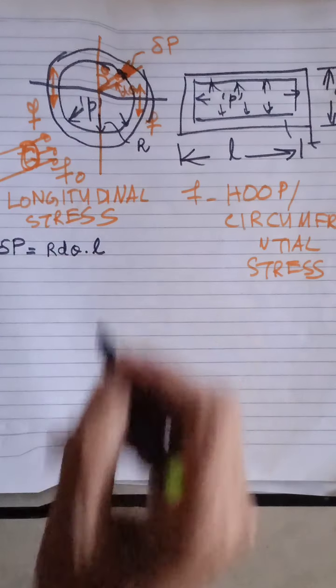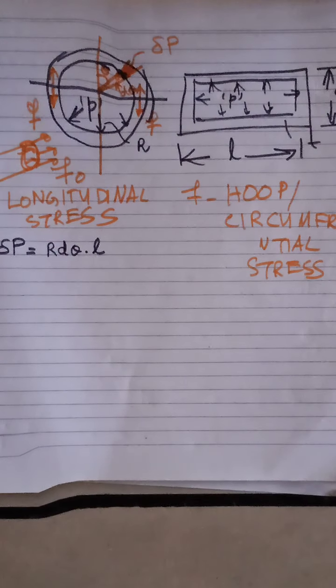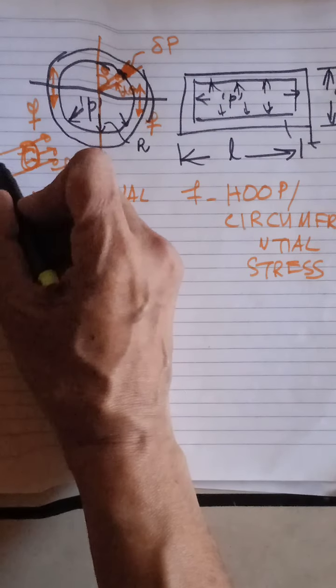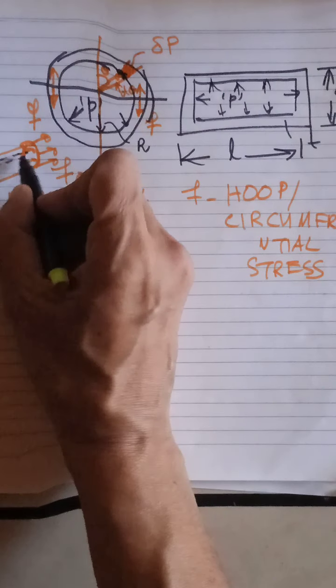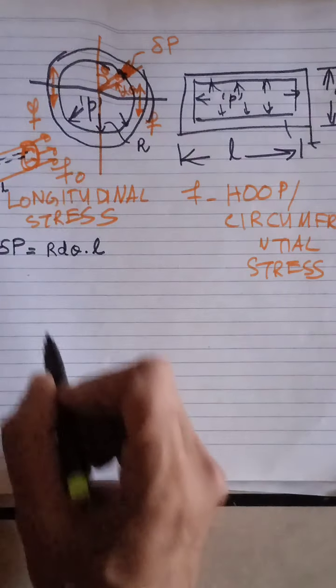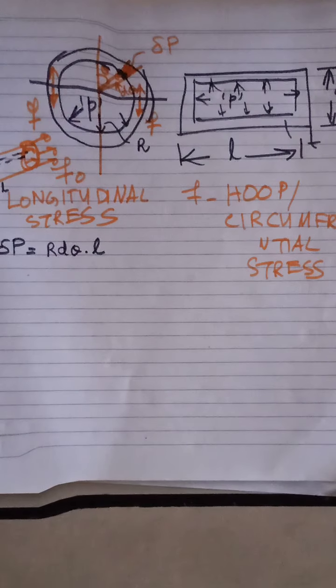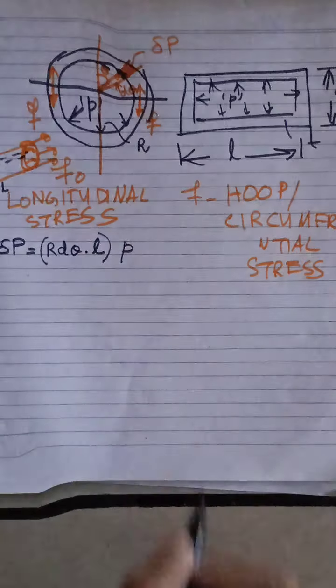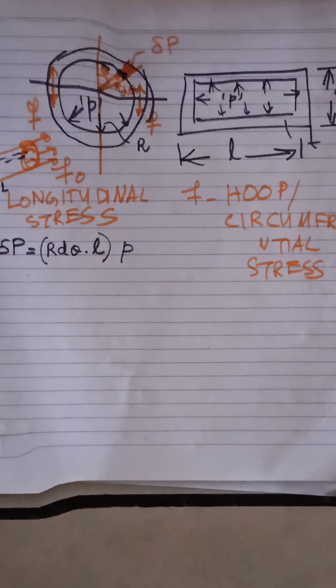So the area on which delta P is acting is r delta theta into L. If you take the circumference, you have an element like this, with width r delta theta and length L. So delta P is equal to r delta theta into L into p, where the area is r delta theta L and the intensity of pressure is small p.